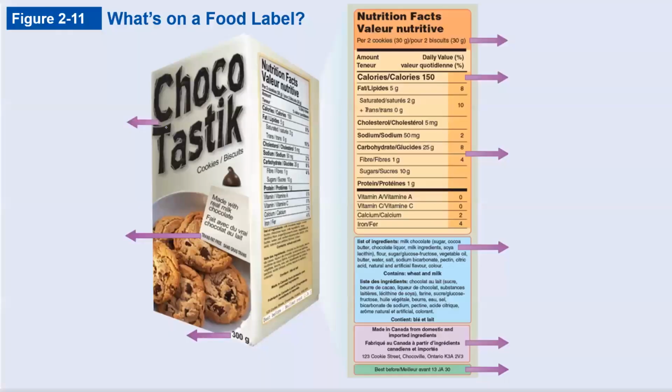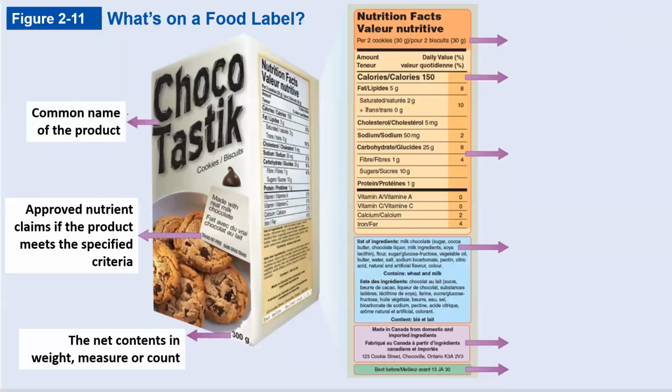And like I said, a lot of grocers do have handouts available, or sometimes information on their internet, for fresh foods and things like that. So here's a little graphic of what's on the food label. We mentioned some of these things already. We've got the common name of the product, and the approved claims that are allowed to be on there. If it's not approved, they are subjecting themselves to possible lawsuits in some cases.